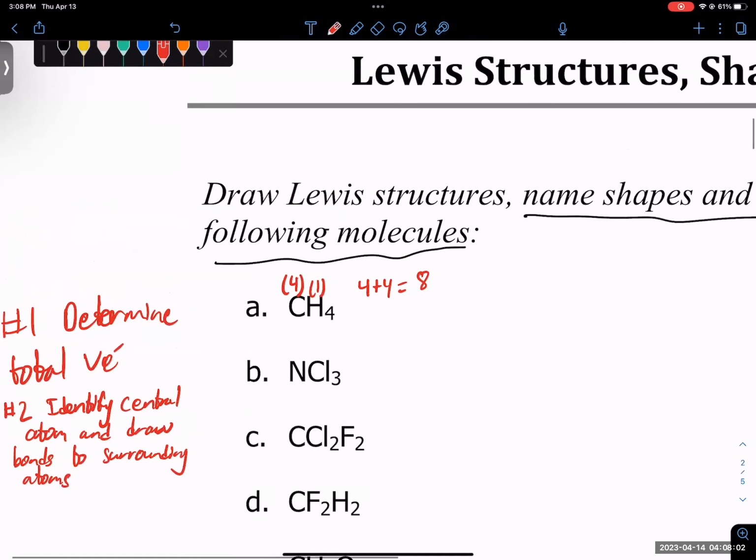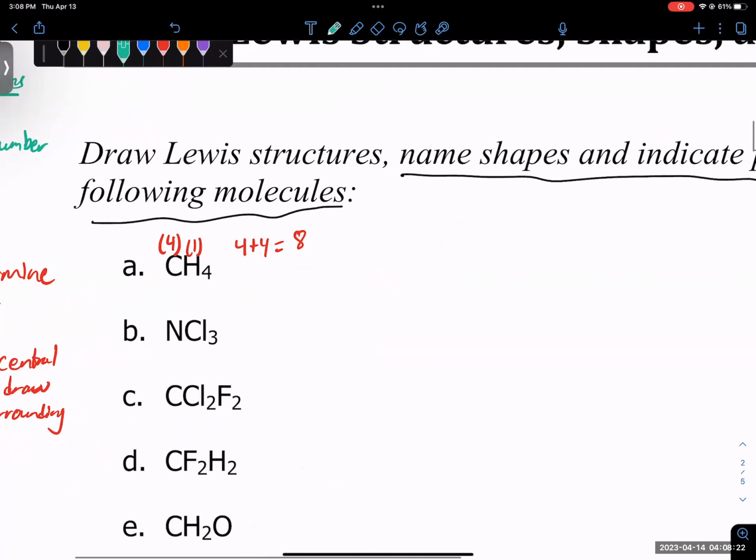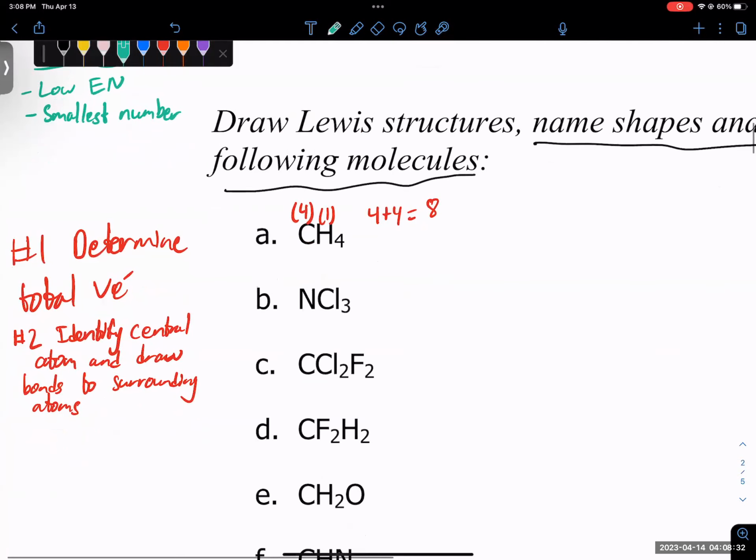Central atoms often have low electronegativity, or they're the smallest number there. What I mean by smallest number is, if we look at CH4, there's only 1 carbon, so we can assume that carbon, in this case, is our central atom. And carbon normally has a lower electronegativity as well. So we identify our central atom, which in this case is carbon.